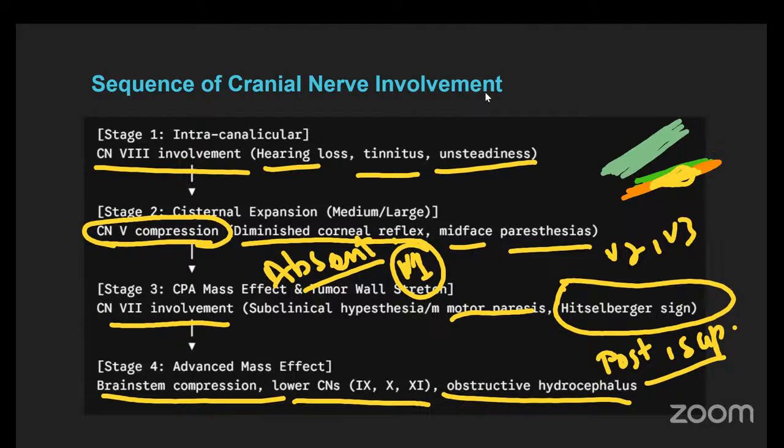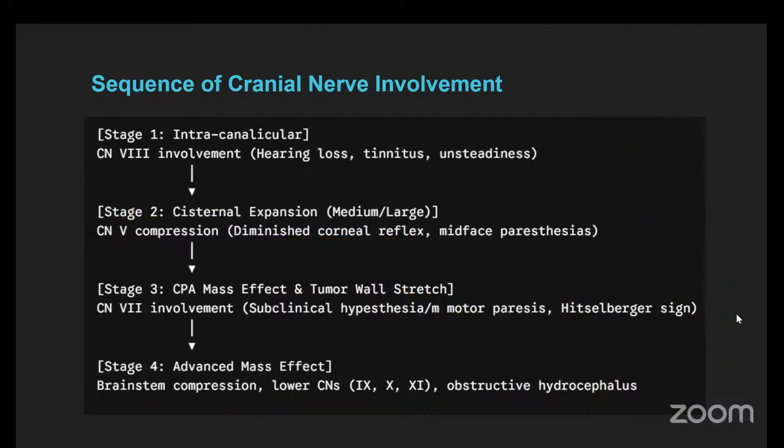Sometimes you will find some diminished corneal reflex or hypoesthesia over the midface. Overt facial nerve involvement and overt brainstem compression, lower cranial nerves, they are usually going to present in patients who come from very outreach areas and who do not have access to neurosurgical services very early on in the disease process. Let's move on.